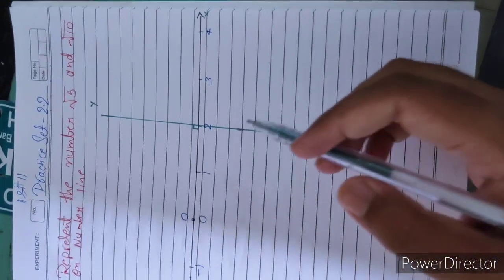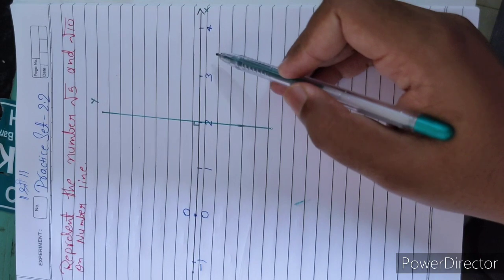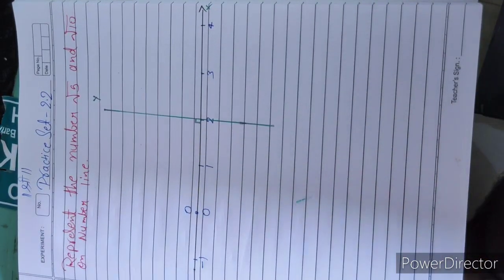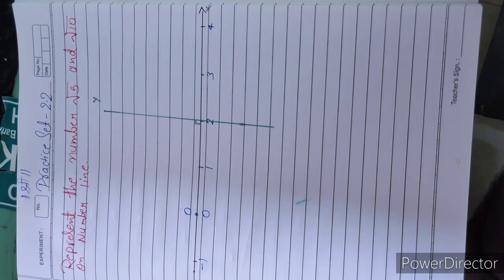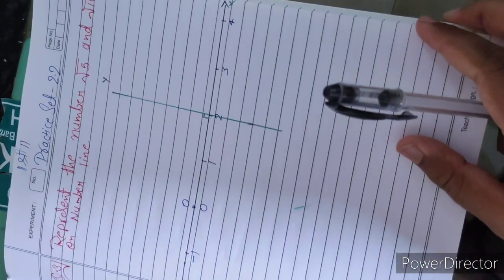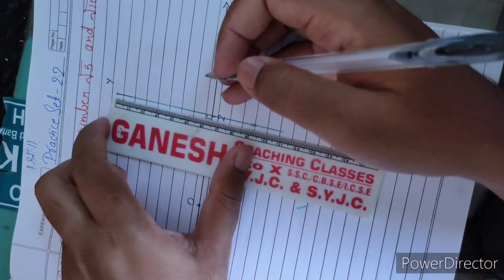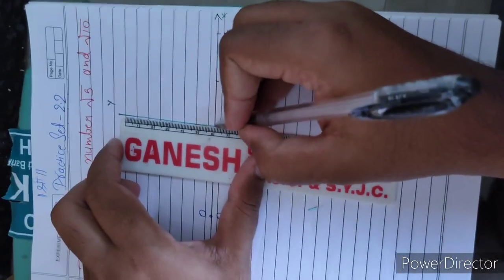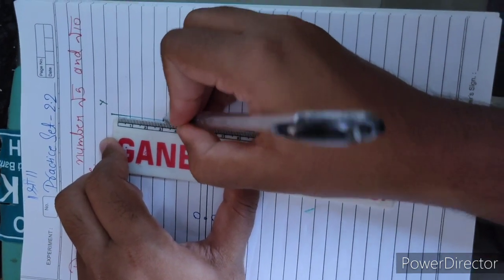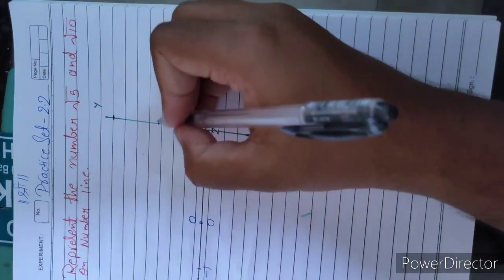Now we place points on the x-axis at a difference of 3 centimeters. Again on the y-axis we place points at a difference of 3 centimeters, 1 and 2.